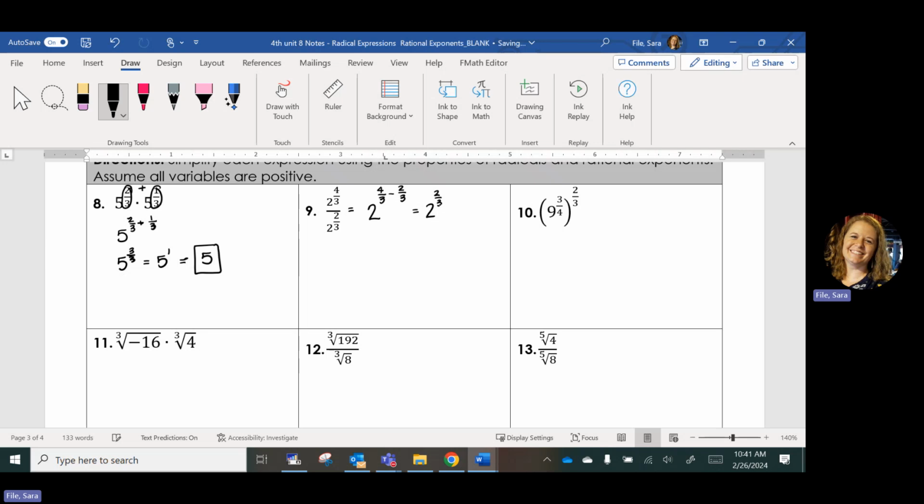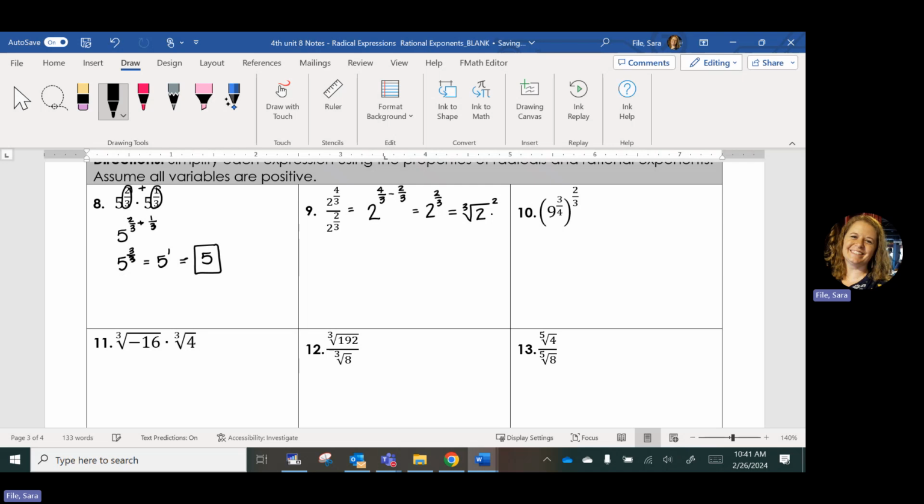I don't know 2 to the 2/3 power. I could try rewriting it as a radical to see if I know it that way. What would this be in radical form? Yeah, the third root, because remember the denominator is the root, so the cube root of 2, and then the numerator is the power, so squared. I still don't know that.